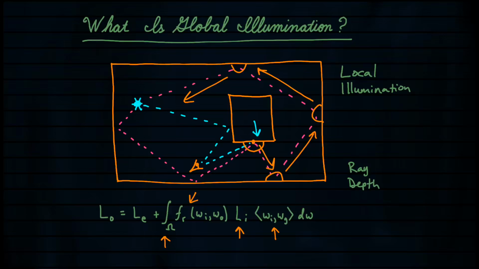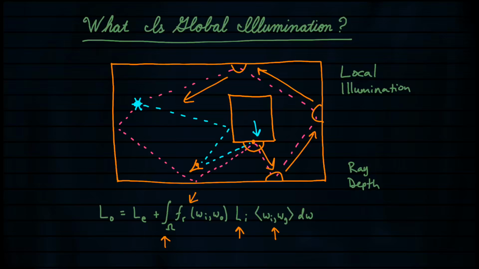And sometimes we'll limit paths to one bounce of light or two bounces of light, depending on how much time we want to spend on this. So we can tell that global illumination is a very hard problem to solve. In fact, it is, in some cases, intractable. You can't really solve it. You can only make your best guess until eventually you get an answer that's hopefully close enough.